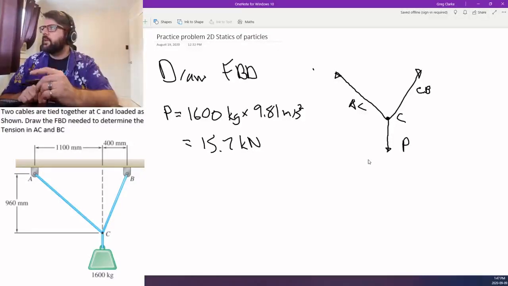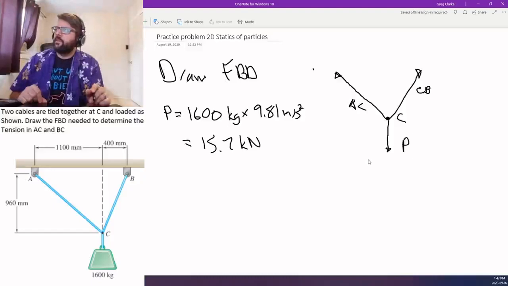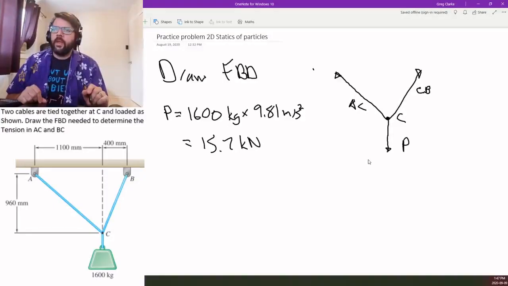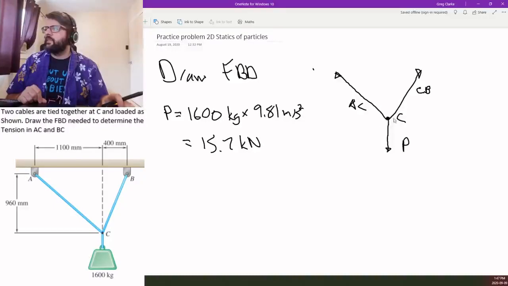Now, one thing I would like to point out here is that when I drew these, I drew the angles correctly. But we don't necessarily know the magnitudes of these yet. They're not going to be the same. They would be the same if, for example, this thing was passing through what we call a frictionless ring. Then essentially this would be one cable that had a uniform tension throughout it.